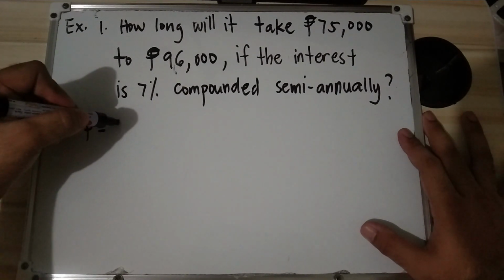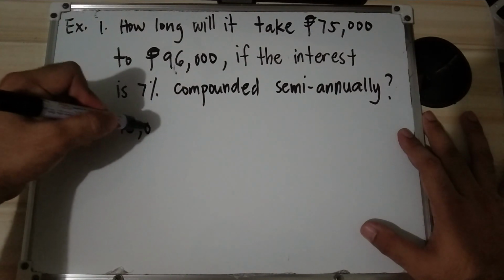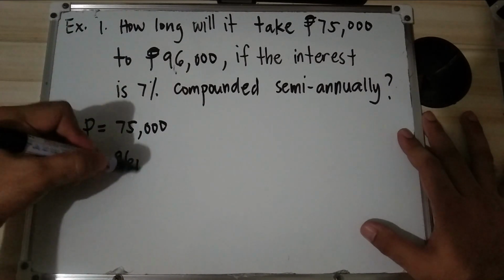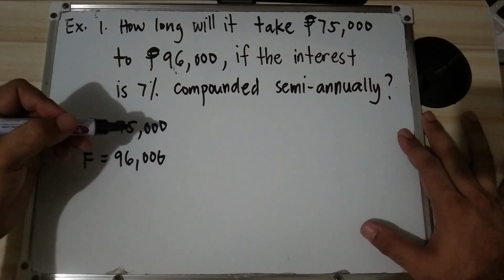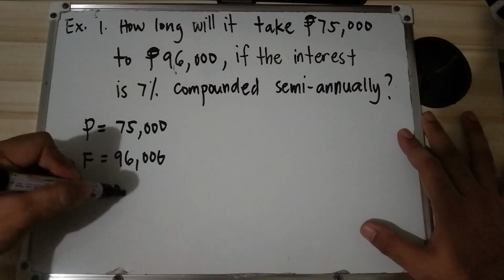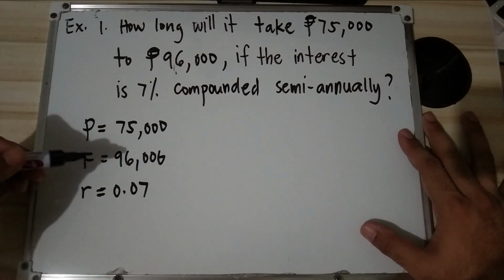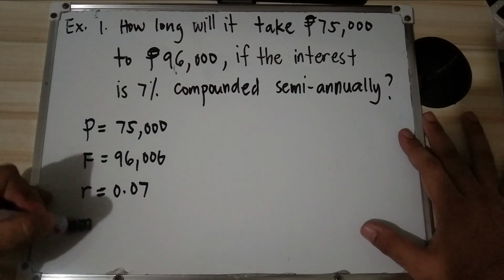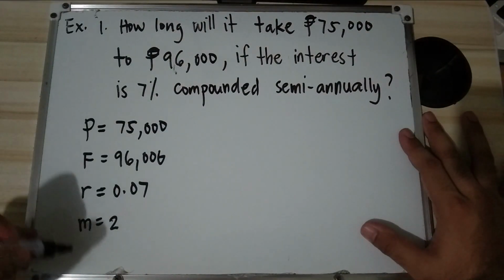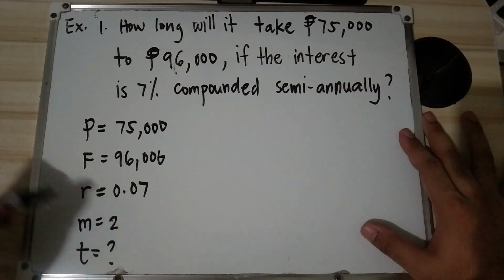Yung present value is yung 75,000. Yung F is 96,000. Yung R dyan ay 7% or 0.07. Then M is 2. Compounded semi-annually. So, ang hinahanap is yung time.